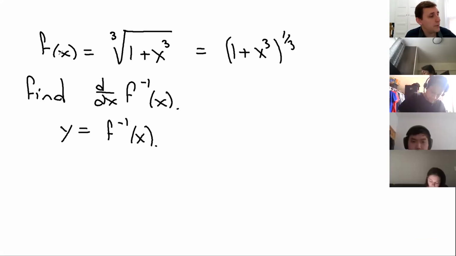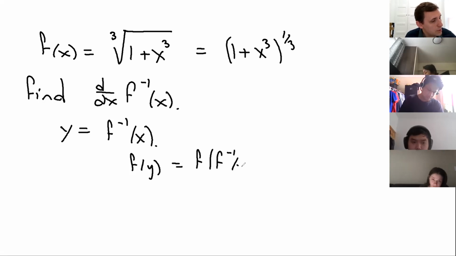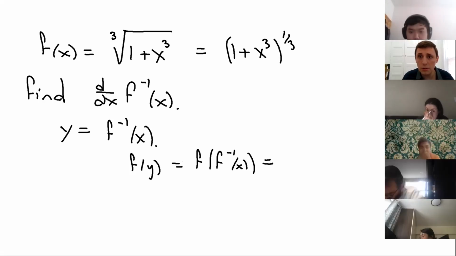Now, if I apply the function f to it, what should happen, guys? On one hand, I apply the function f to y. That's the same as applying f to f inverse x, which is equal to x.